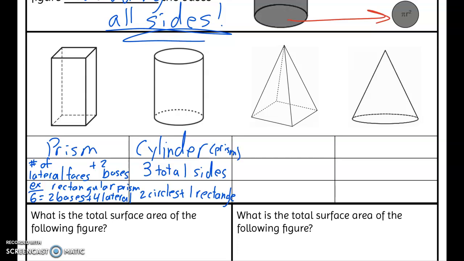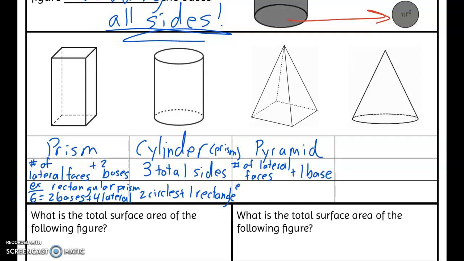Okay, next up we have a pyramid. This specific pyramid is a rectangular pyramid. Again, we're only going to put the number of lateral faces because that base could have more, and then we only have 1 extra base with it.